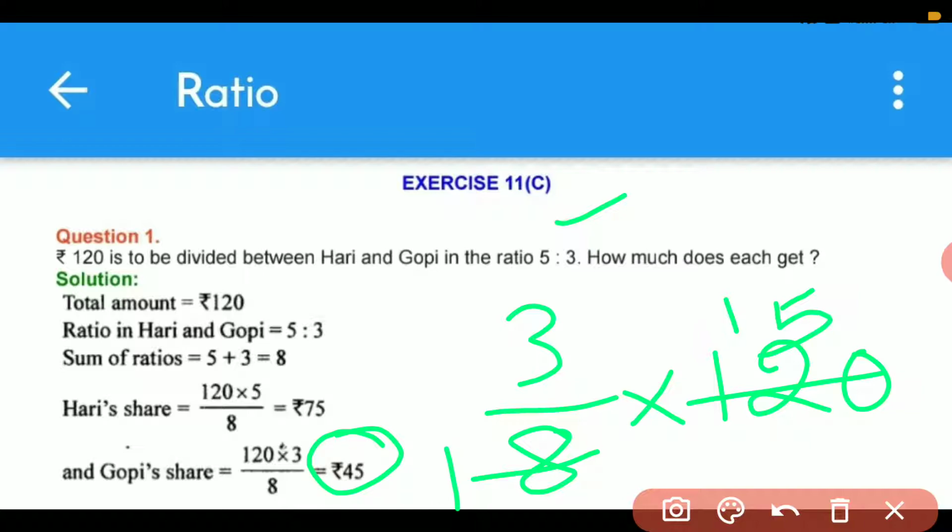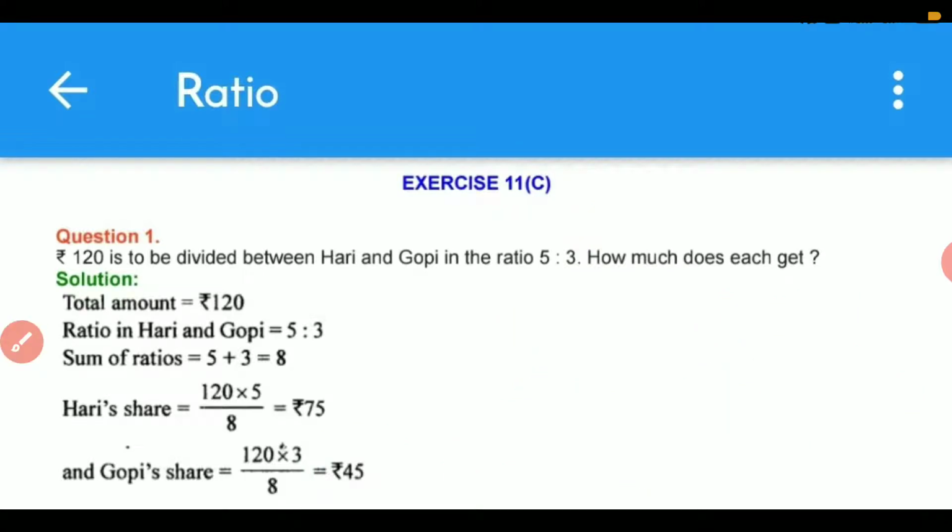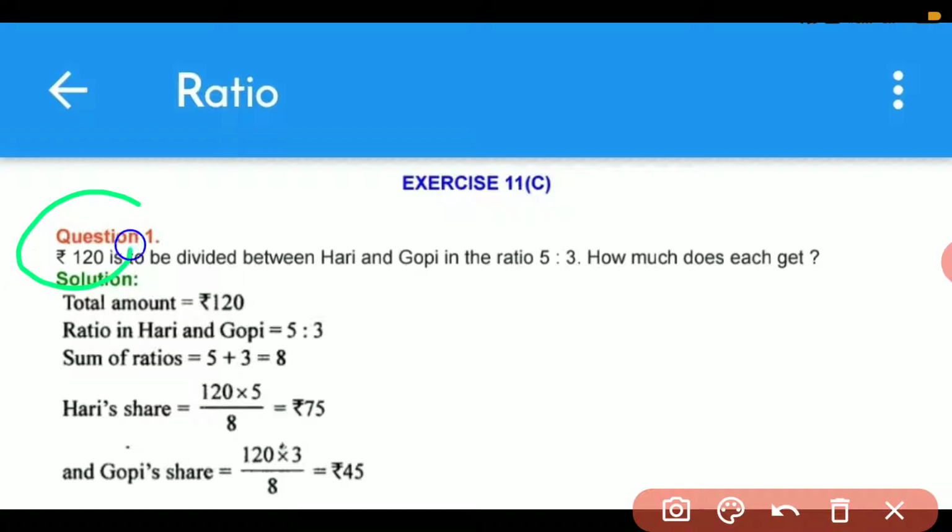I hope you understood this. I'm revising it again. In this kind of sum, an amount will be given to you, any value, and a ratio will be given to you. The amount has to be divided in the given ratio. So first step, you add the ratio. After adding the ratio, you'll get the total.